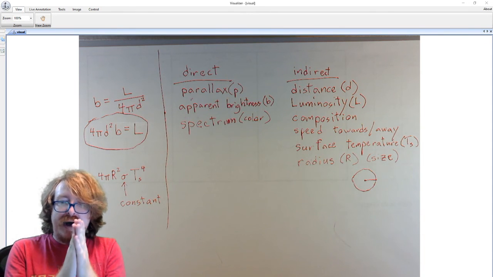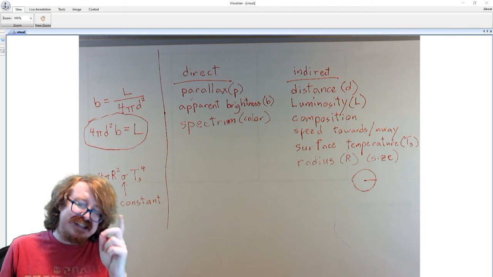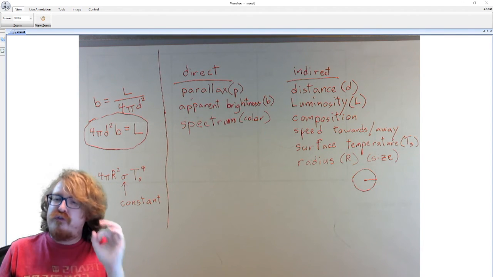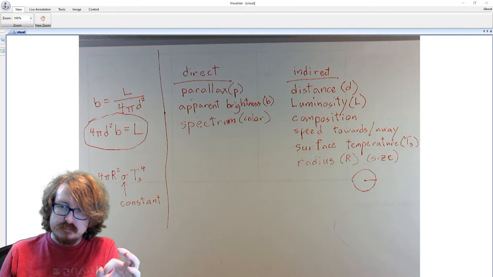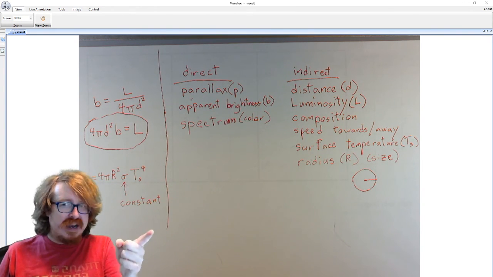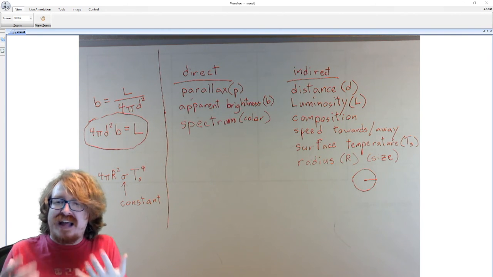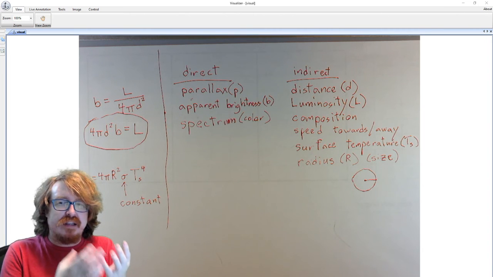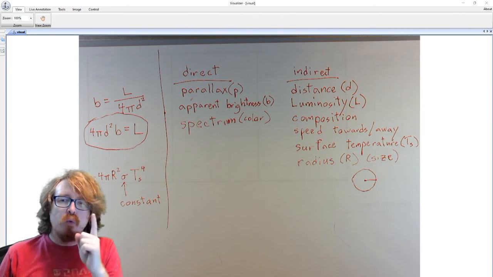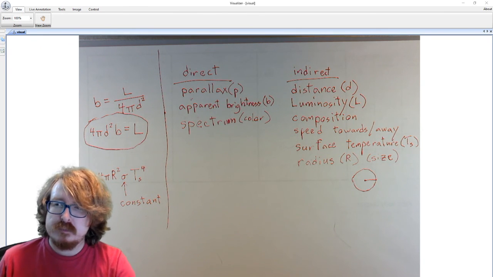Okay? But here's the tricky question. Let's say you have a star that is very cold, but its luminosity is very high. What must be true about that star to make up for the fact that it's cold?